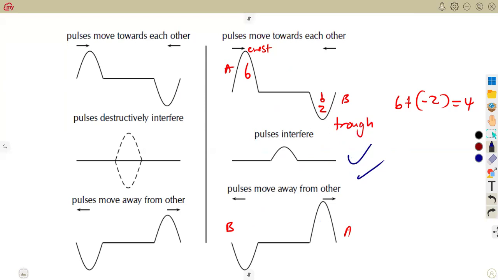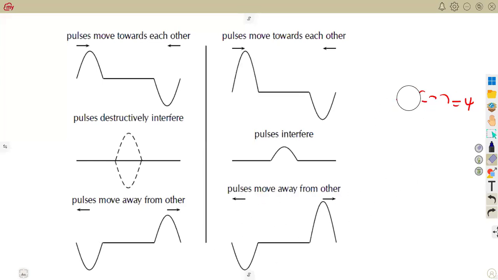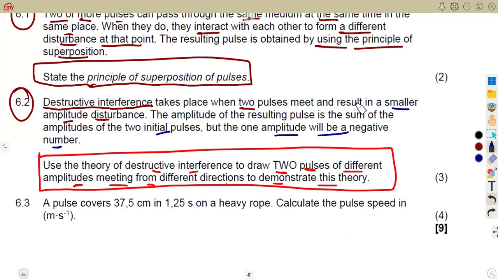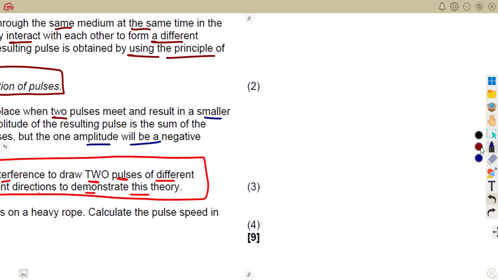Remember, they just wanted you to use the diagrams to demonstrate the destructive interference. So you can just consider this way, or just a simpler presentation. Some of us just need those simpler presentations. Some of us can present it this way. Just our axis, which is from the position of rest. Then we're gonna have something of this nature where we have got the crest and the part of the trough.